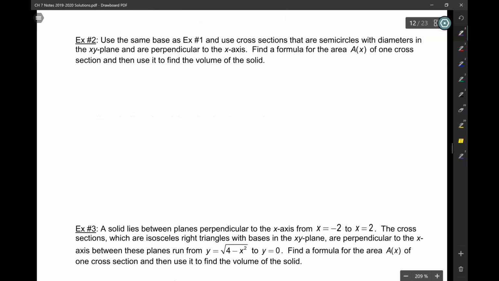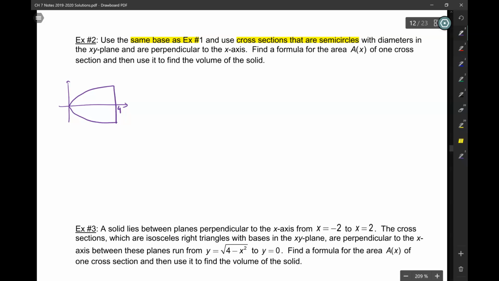Okay. Now it says use the same base as example 1 and use cross sections that are semicircles with diameters in the xy plane and perpendicular to the x-axis. So I have y-axis, x-axis, root x, negative root x, from 0 to 4.